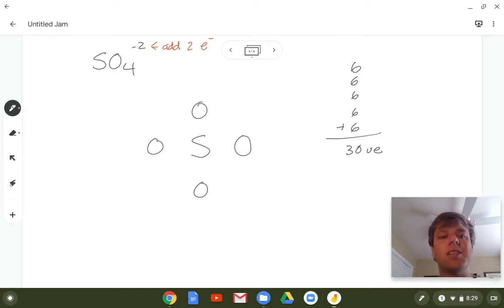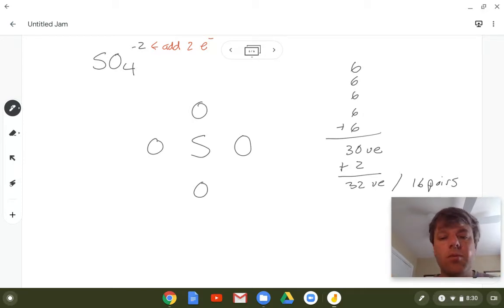And so if we've got a -2 charge, that means we've got 2 more negative charges. So on our electron count, we will add 2 for 32 valence electrons, or 16 pairs. Now that's confusing that a negative charge means you add electrons. If we had a positive charge, we would subtract electrons.